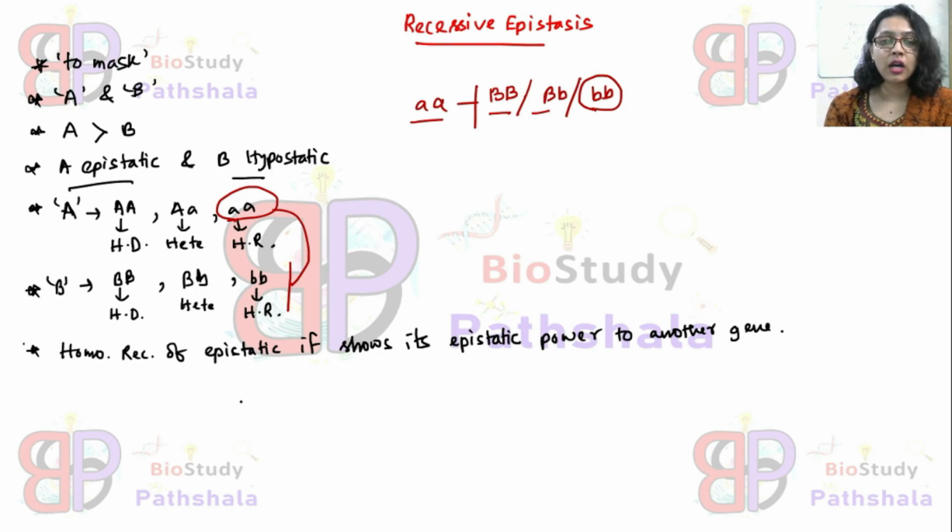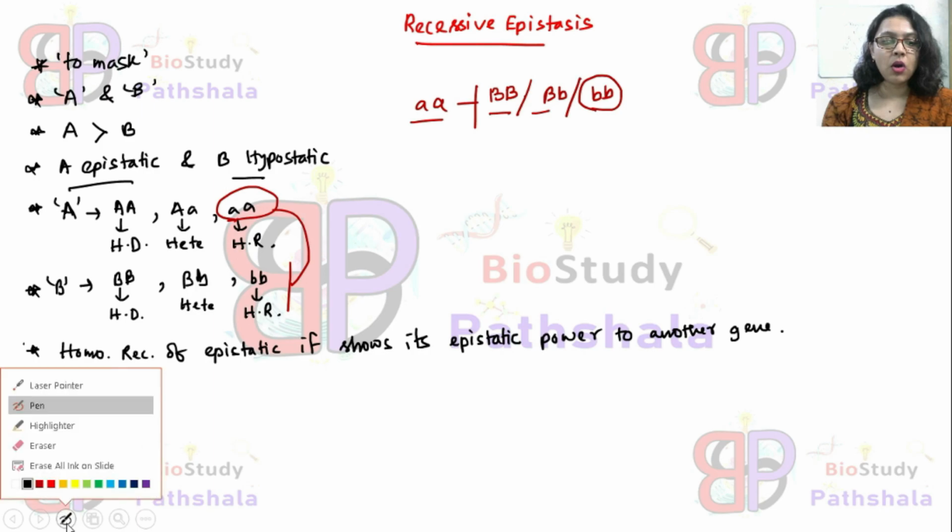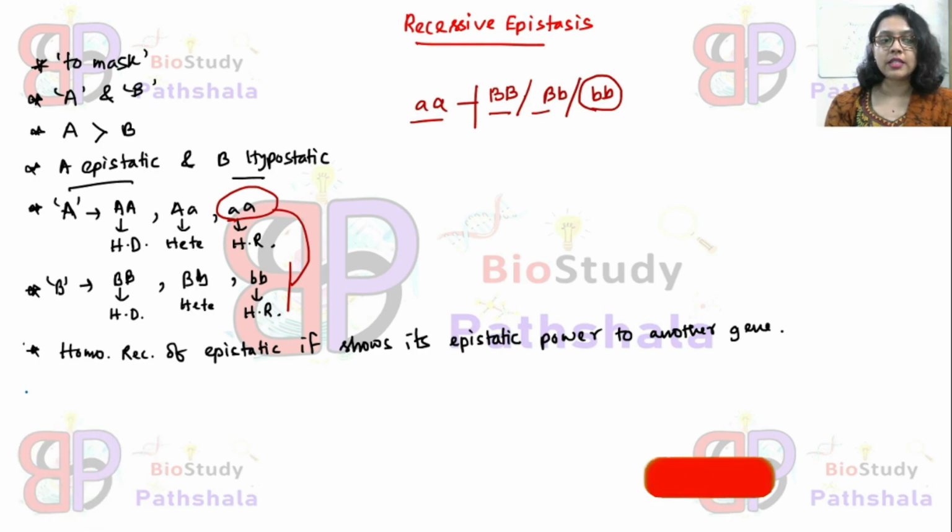Due to the epistatic effect of the homozygous recessive form of the epistatic gene, the other gene cannot show its expression. So this is all about the hypothetical example.